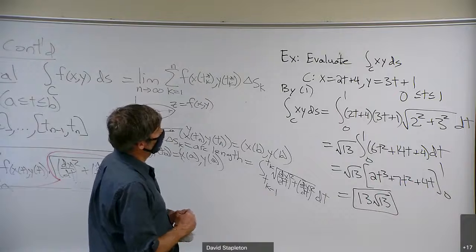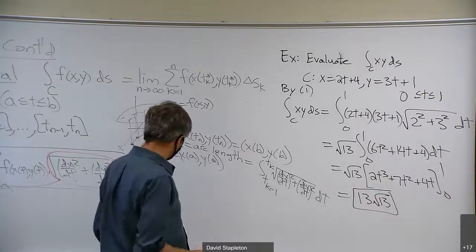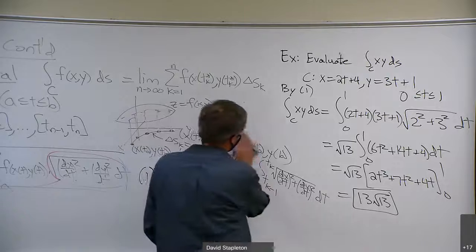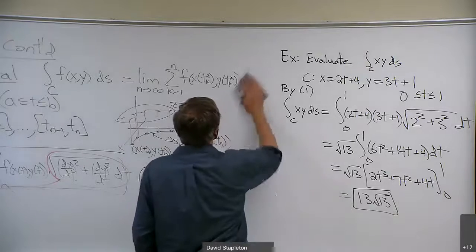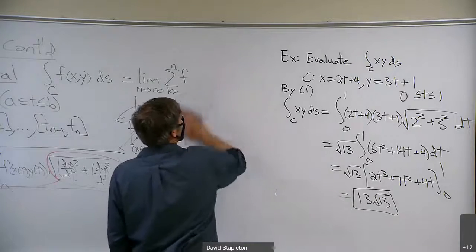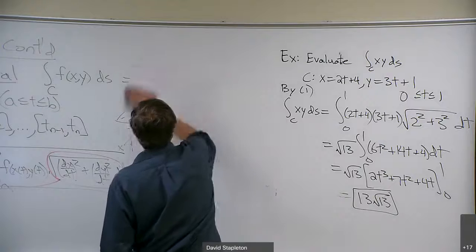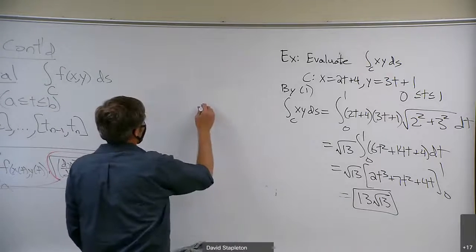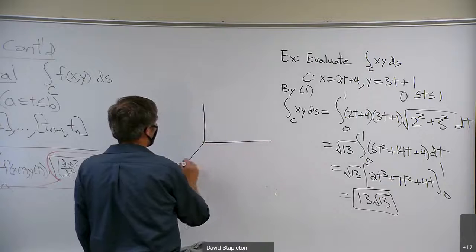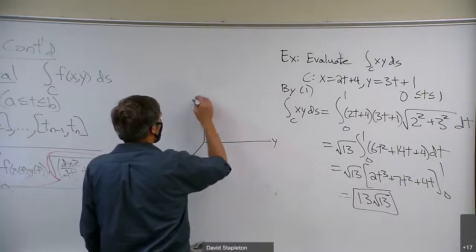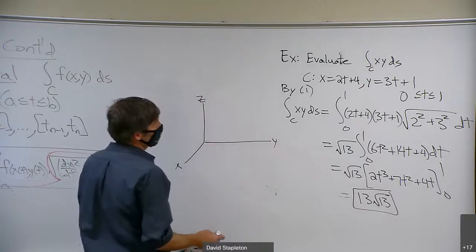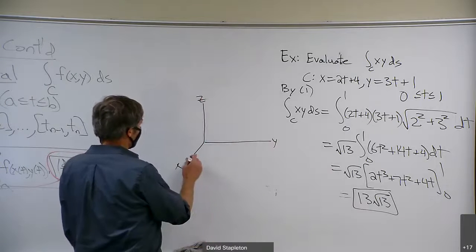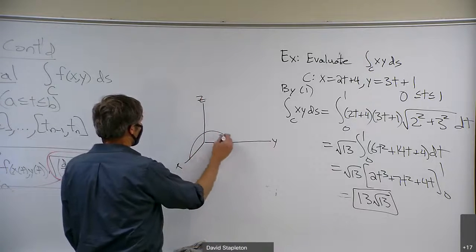What does it represent geometrically? You can think of this as the surface z equals xy, which isn't real easy to draw. Right along the x-axis and y-axis it's 0, and then it gets higher in the middle.